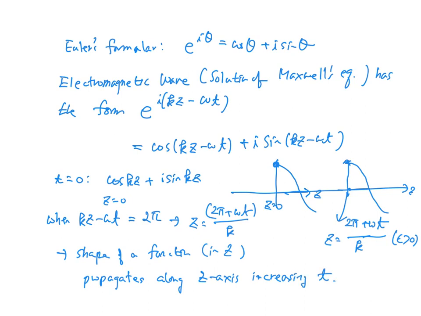As time goes by, the same functional form is propagating into the positive z-axis, right? So that means the light wave, or electromagnetic wave, is a propagating solution.